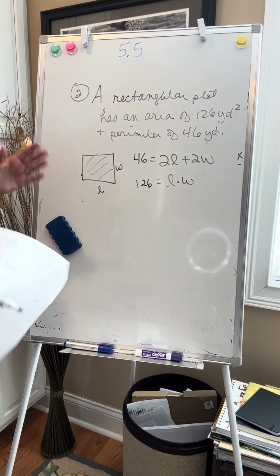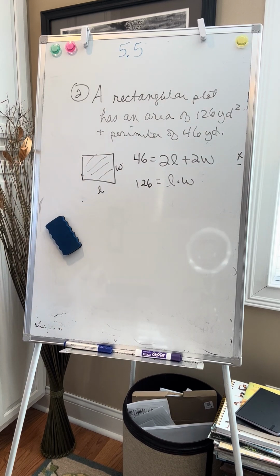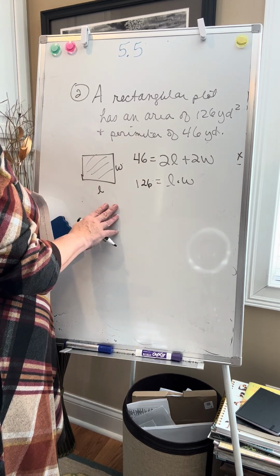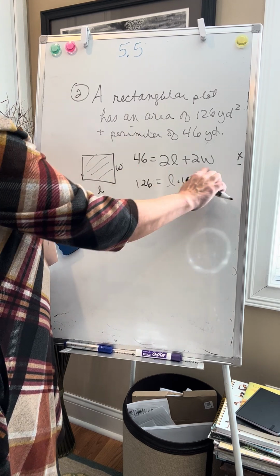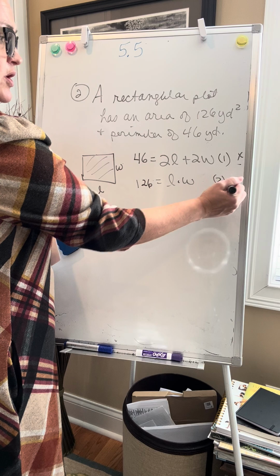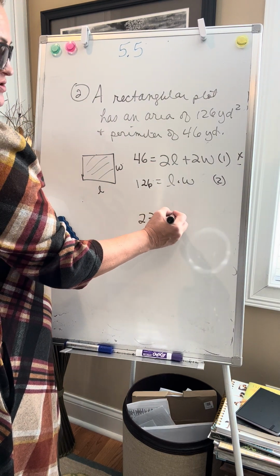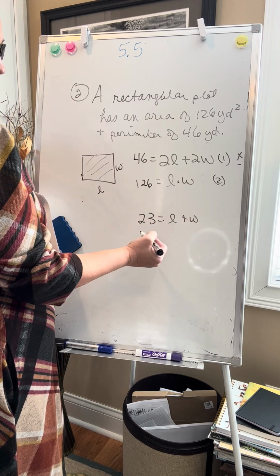Now again, you might just think up some numbers until it works, but using the methods we've learned, we could do exactly what we did in our last example: solve for one of the variables and then substitute it into the other equation. Also, notice on equation 1, if I divided everything by 2, it could be reduced to L plus W is 23.